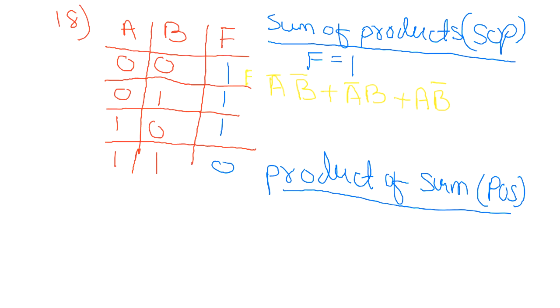If you want, you can minimize this also: A bar B bar, A bar B plus A B bar.